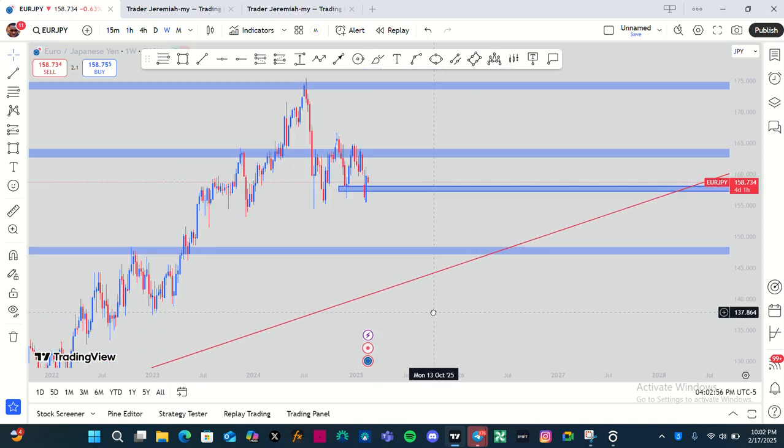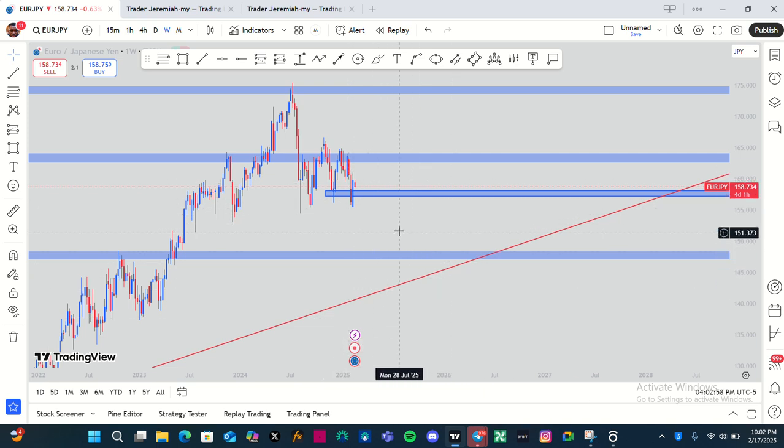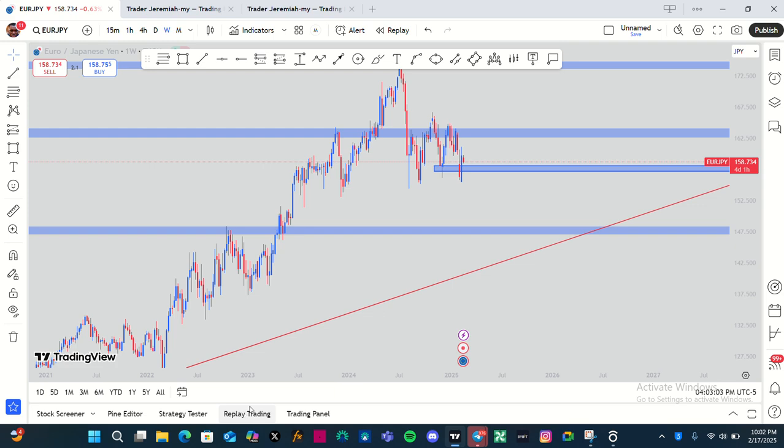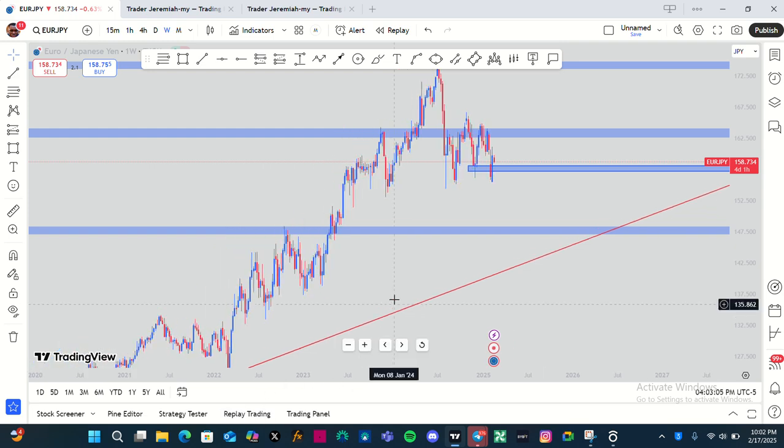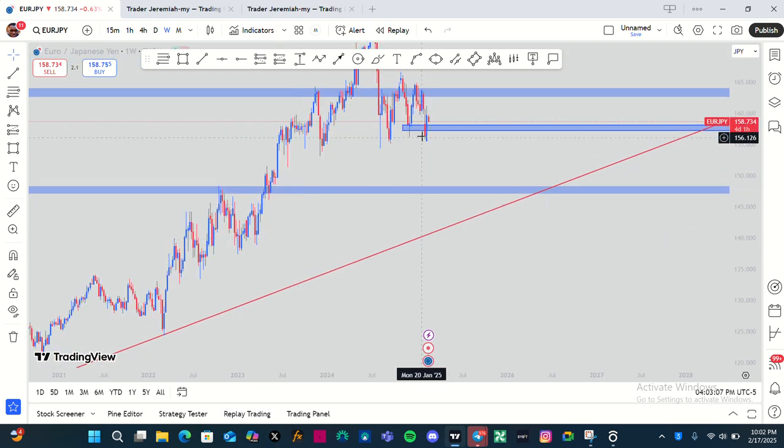So basically, price can drop to this trend line area before it starts heading higher. So maybe that's what wants to happen. I'll just be watching and see.